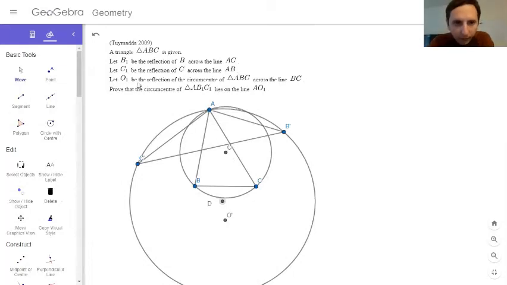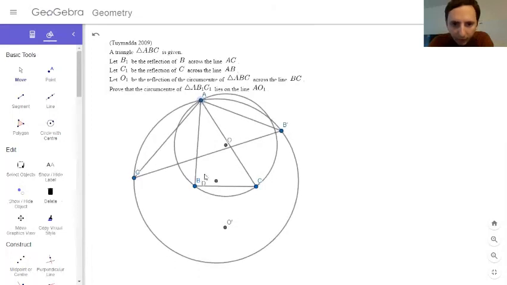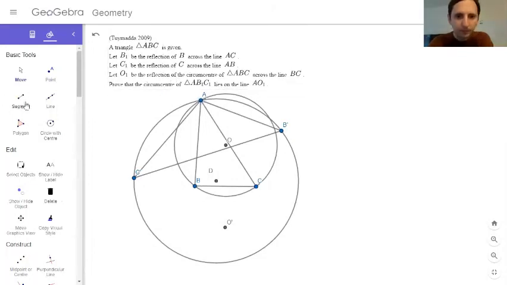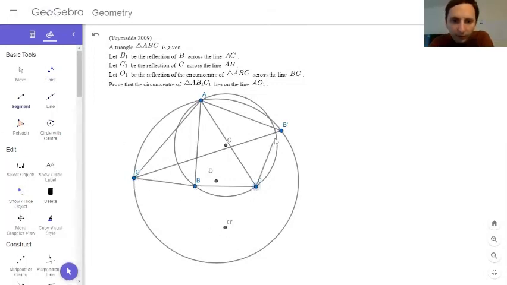Interesting. Yeah, let's do something more like that. Okay. All right. So these are both kites, and okay, so how would we show that those are collinear?